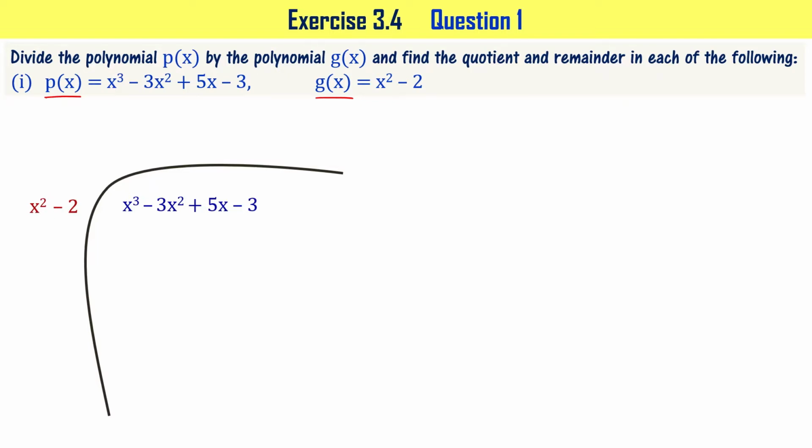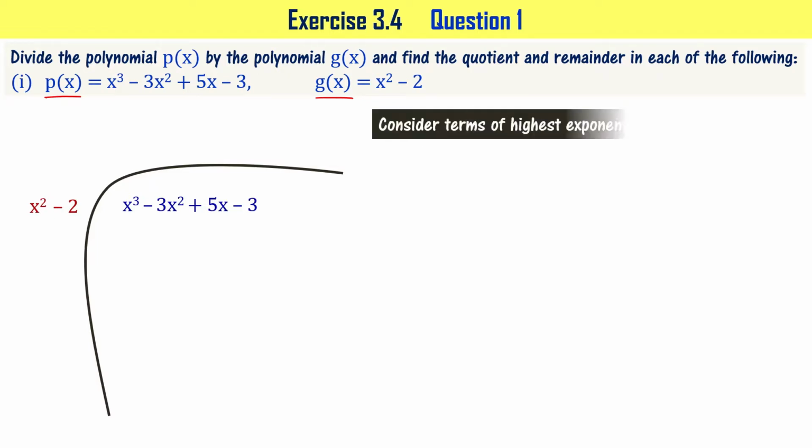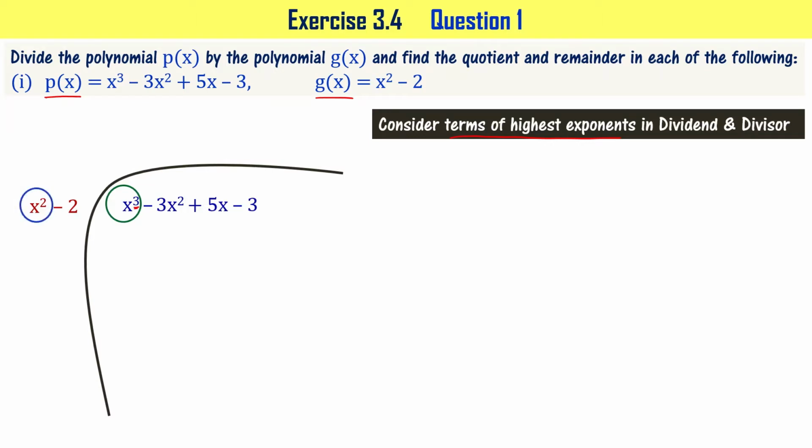The first step is to consider the terms of highest exponent in the dividend and divisor. In the dividend, the term x cube has the highest exponent, that is 3. In the case of the divisor, x square has the highest exponent, that is 2.